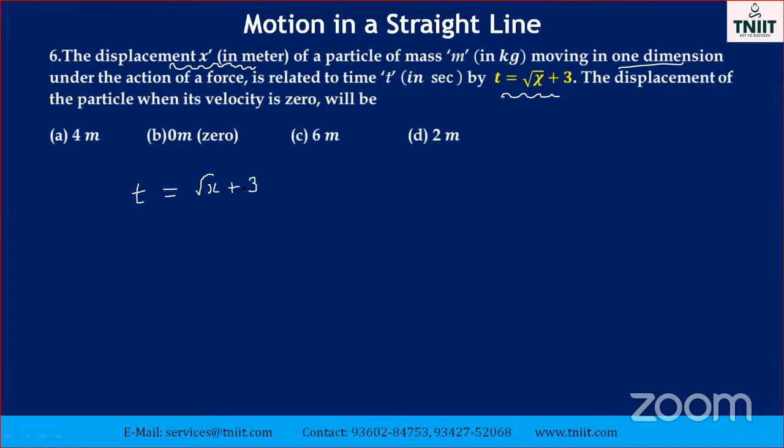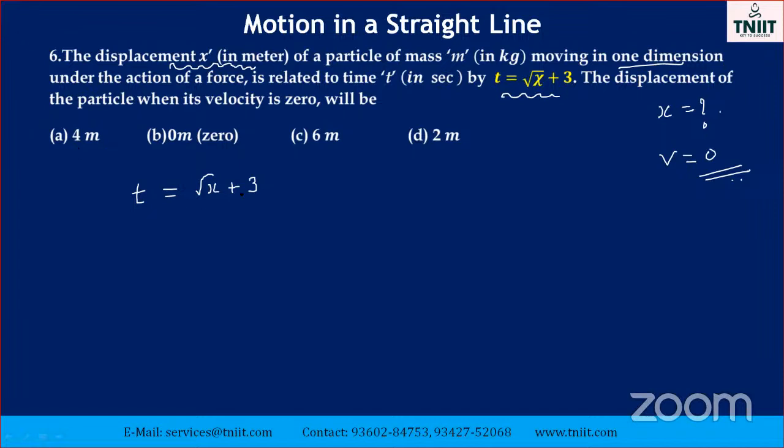Now they're asking you to find the displacement of the particle x, when the velocity is 0. They're asking you to find the displacement of the particle when the velocity is 0.